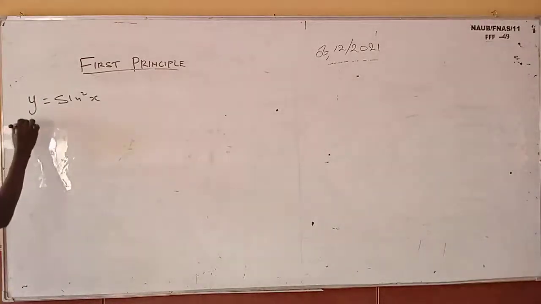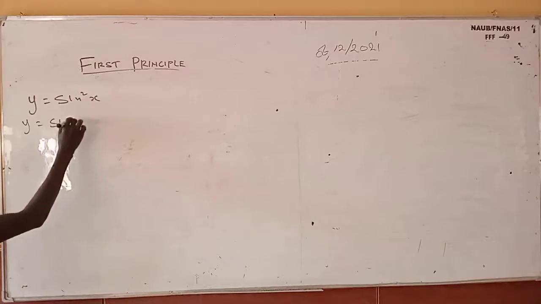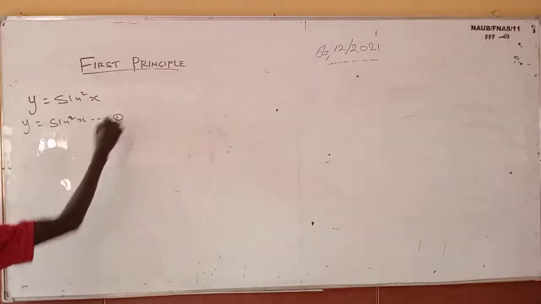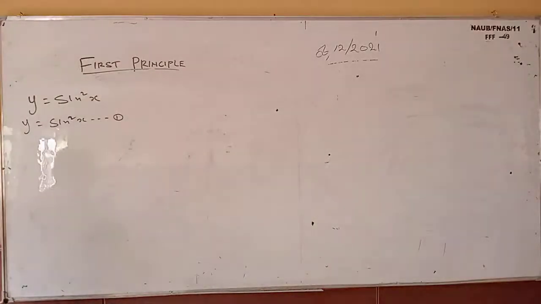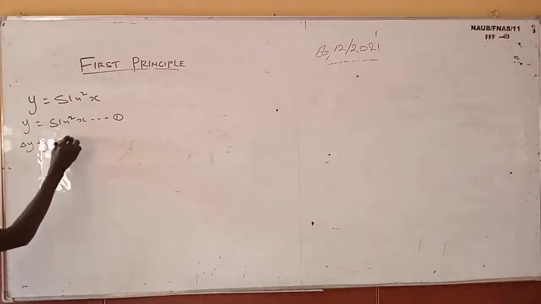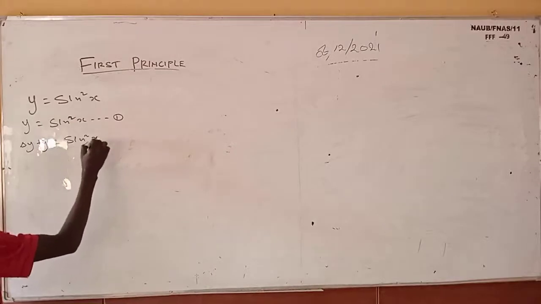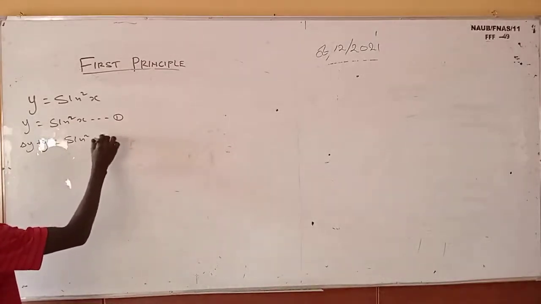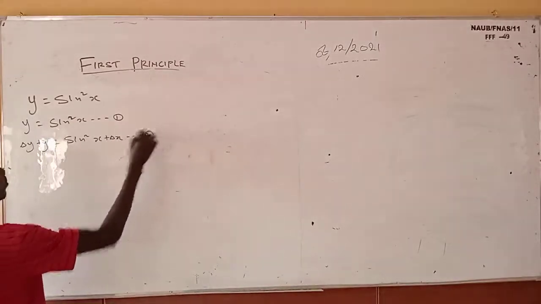The first thing you will write is y equals sin squared x, which is your equation 1. Then the next thing is to add a change in y to y: y plus change in y equals sin squared of x plus change in x, equation 2.